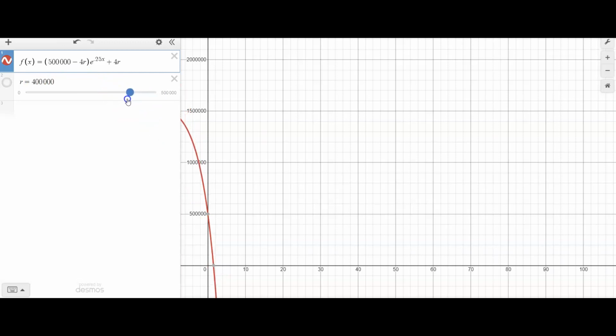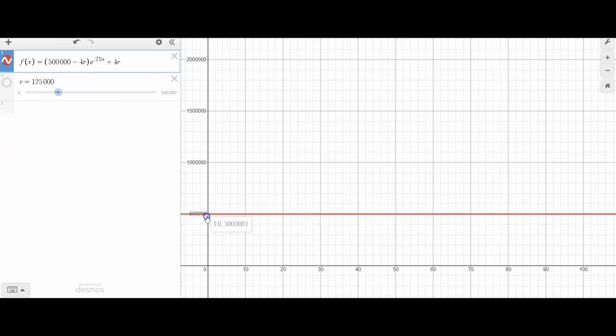So as I decrease that rate of fishing, you can see that the fish are still going into extinction, but now it's taking a lot longer for that to happen. Now it's taking almost 2 years for them to go extinct. And eventually, you can see that this curve is starting to do something interesting. It flattens off. At 125,000 fish, nothing happens at all.